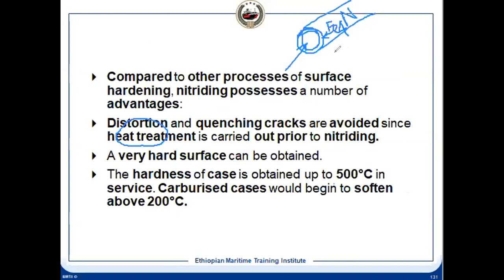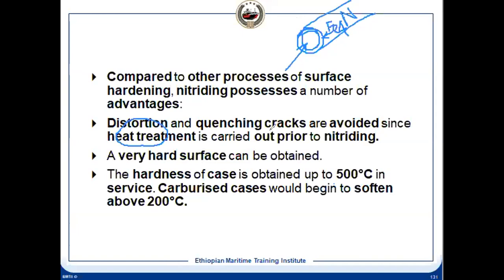It produces Fe4N, which is hard and on the surface. After that, slowly we reduce the temperature, and inside we achieve the same structure. But nitride is already formed, so it will be a hard structure. So quenching is not required.